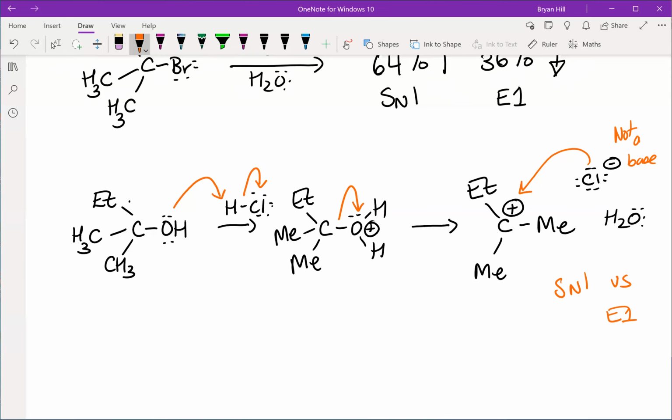So the trick for substitution reactions on tertiary alkyl halides is you're going to need to use a protic solvent, or at least a mixture of a protic solvent and an aprotic solvent, just to help stabilize that transition state.